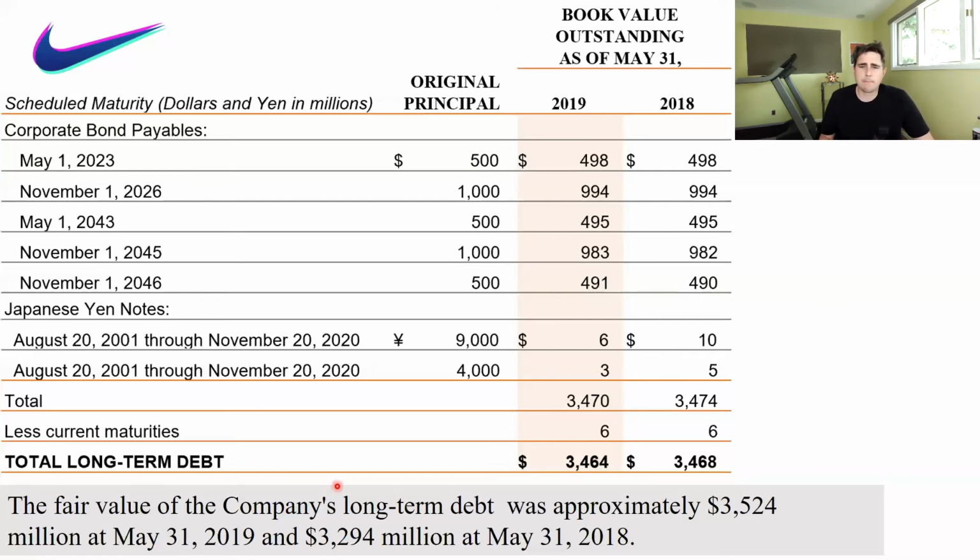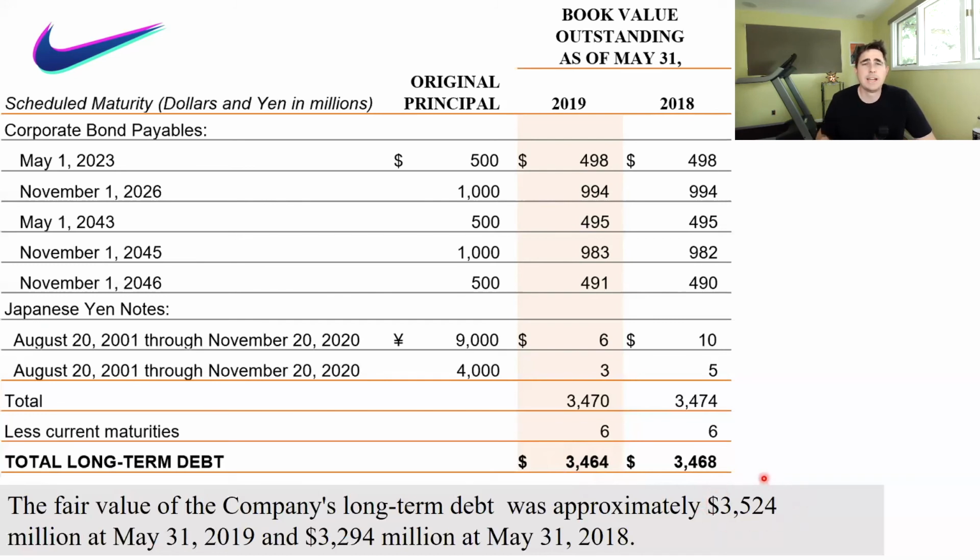So, okay, let's look at the total long-term debt balance on this footnote. Total long-term debt at May 31st, 2019 is 3,464. That's the total book value of the long-term debt. The fair value of the long-term debt is 3,524.